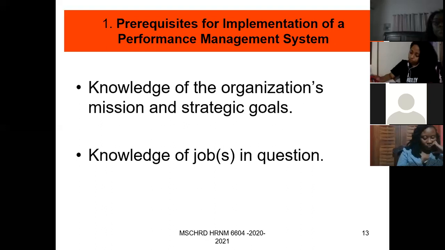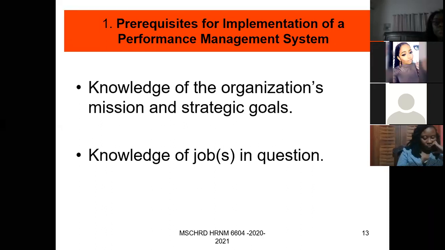One of the important things about the organization is to also know about the types of jobs that the organization has. Somebody, I've forgotten who it was, spoke about the characteristics that they're using in the system.